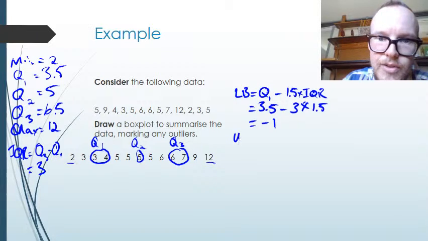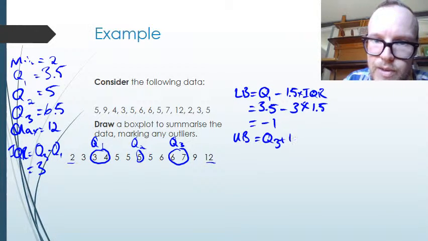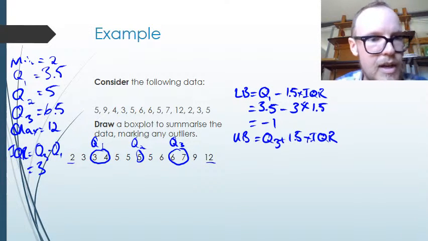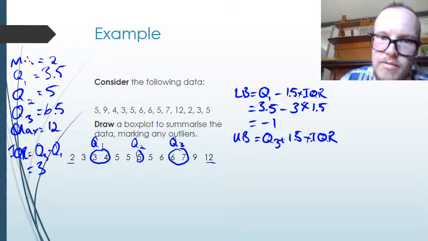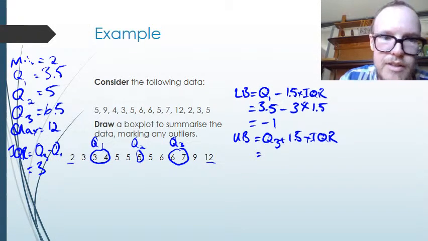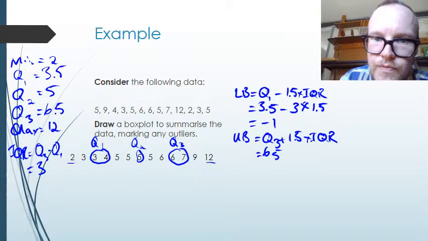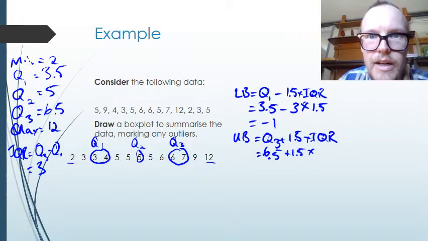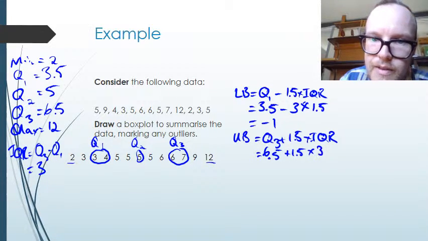And our upper bound should be Q3 plus 1.5 times our IQR. Q3 is 6.5 plus 1.5 times our interquartile range, which is 3.